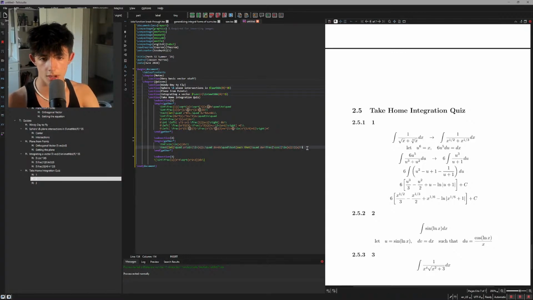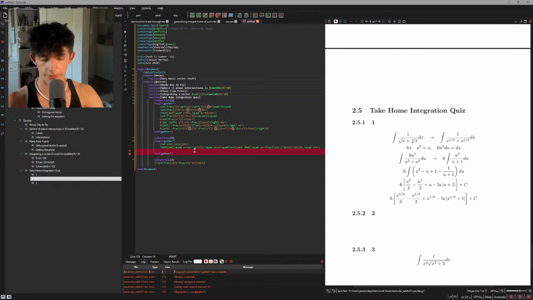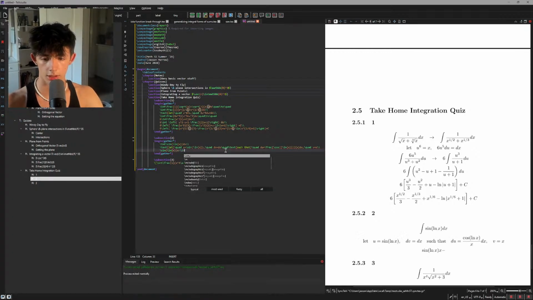What do we do? Okay. dv, v equals x. What's uv? Okay, so uv is sine of the natural log of x times x minus the integral of v du.